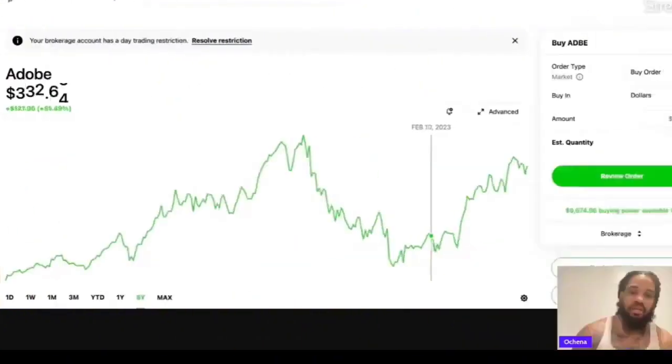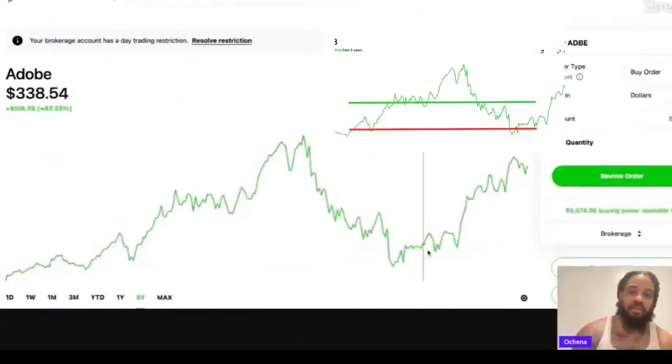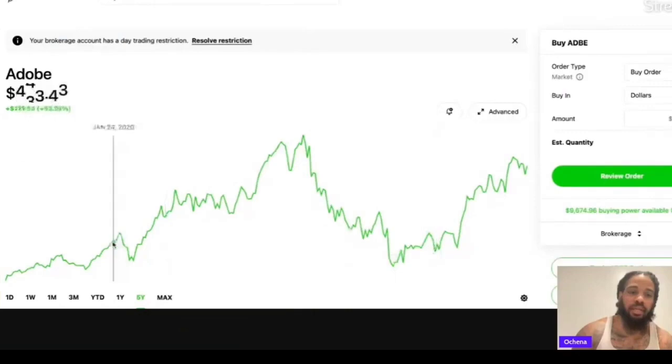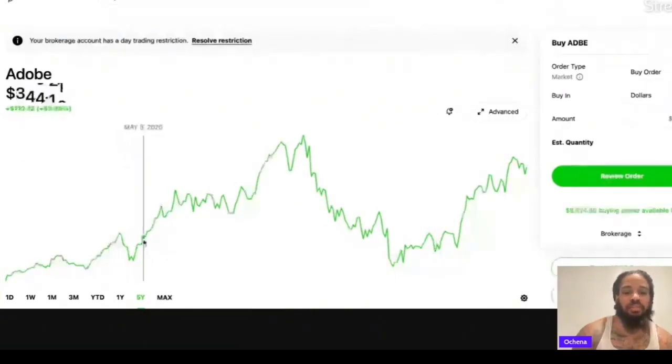I drew a line all the way from the bottom here, all the way out, and then I retraced the steps of Adobe, backtracked. Adobe hasn't really hit that level since about 2020, guys. So that's about 3 years.